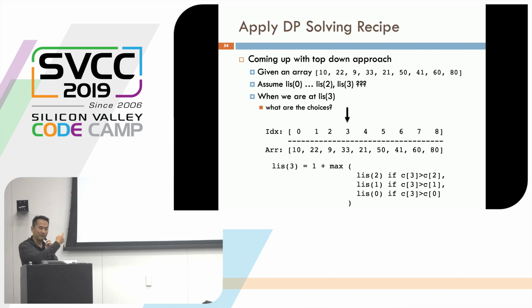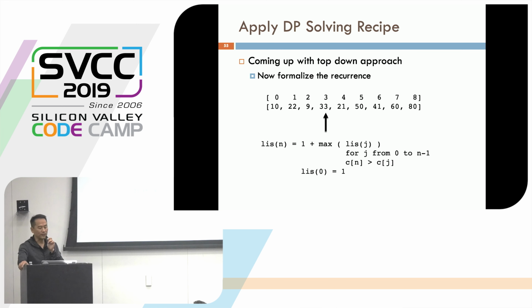So now that we have this formula, how do we make it more general? It's essentially a little bit similar to the previous problem. It's the max of all the LIS of j from 0 to n minus 1, with a constraint that the value at C of n is greater than C of j.